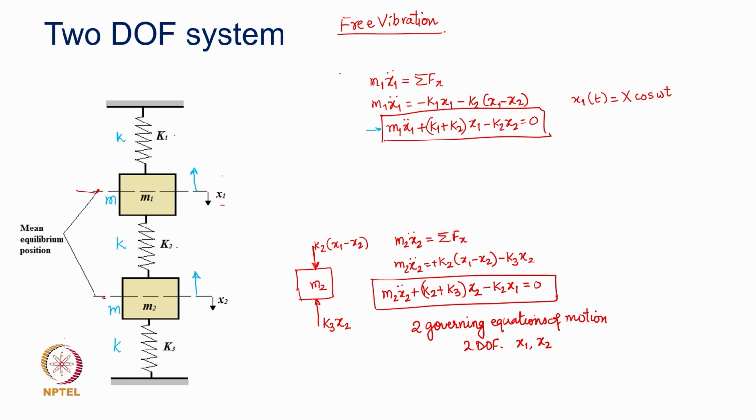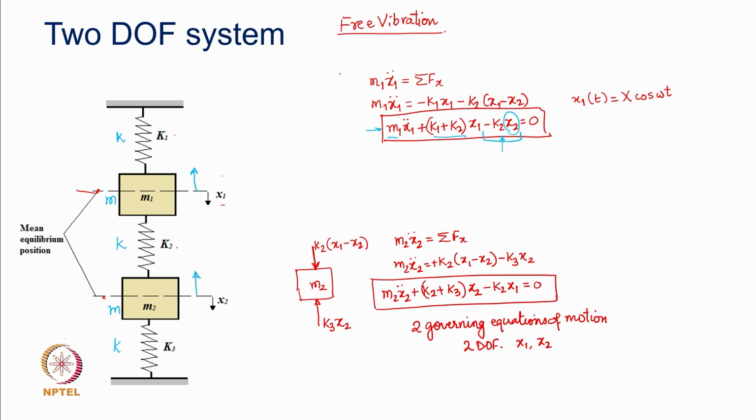the governing equation dictates or decides how x1, x of t, is going to be. By solution of this equation you are going to get the response x of t, isn't it? But that response is not only governed by your parameters like this, but the governing equation has a contribution coming from the other degree of freedom x2.